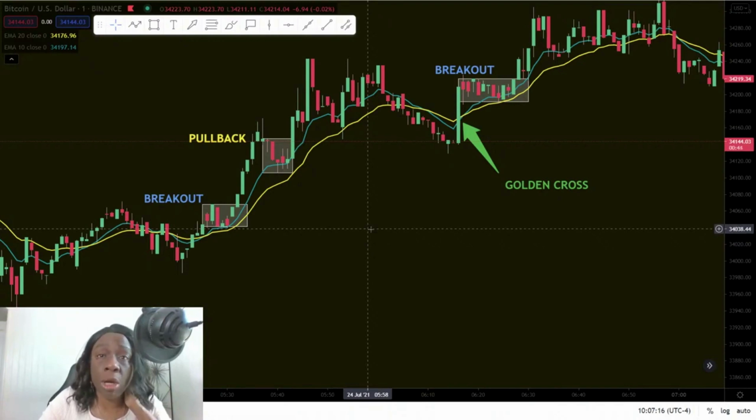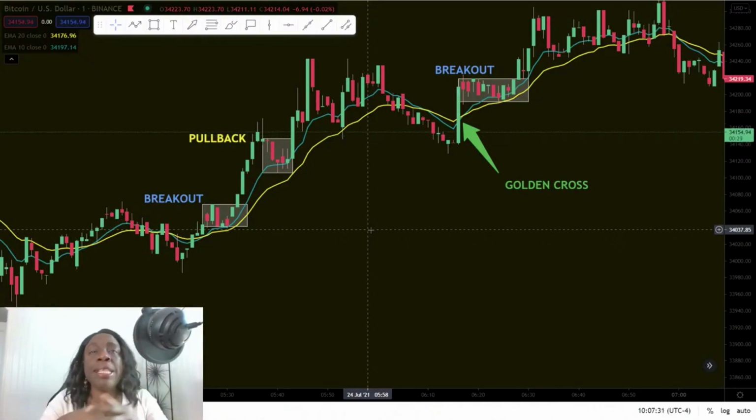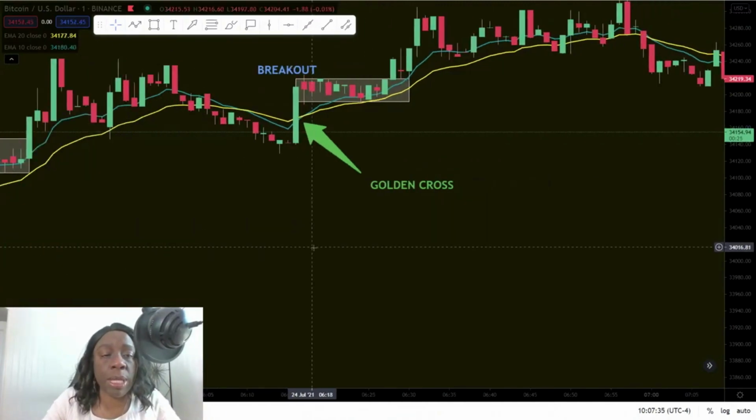If I'm long in Bitcoin, because Bitcoin and all the cryptocurrency market have been trading at their lows, to me there's not much difference between 30k and 31,000, but it is good practice to enter in on a breakout. So I'm going to zoom in on my breakout here.